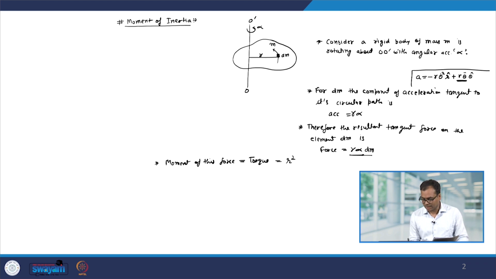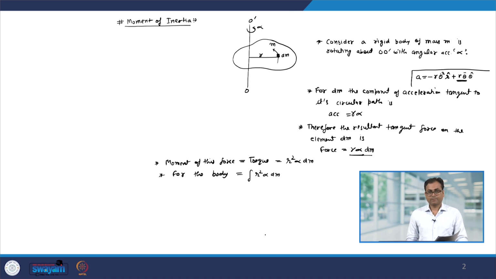So, it becomes r square alpha dm. Now, this moment or the torque is for the small element dm. For the entire rigid body, it will be integral r square alpha dm.